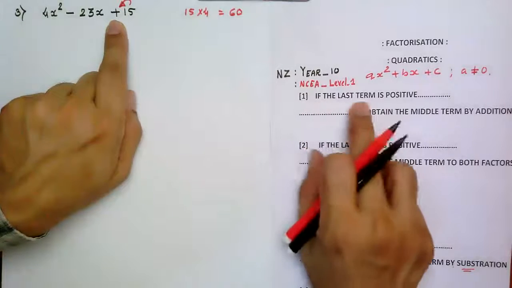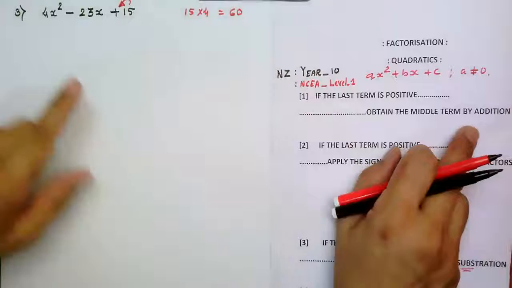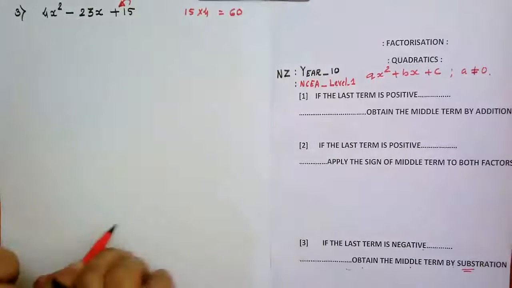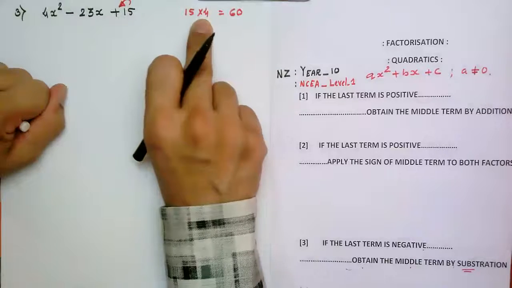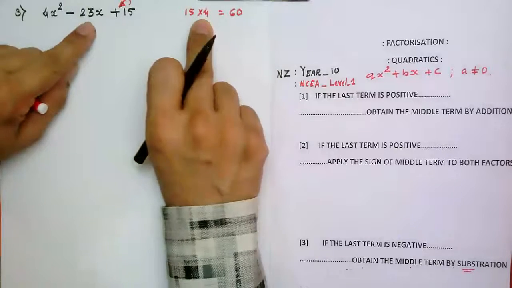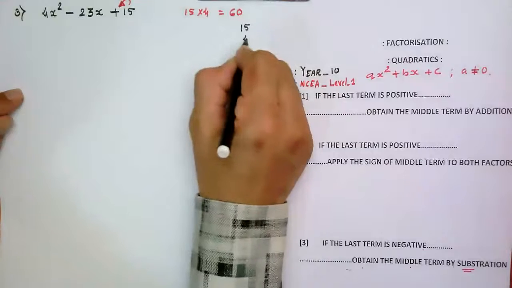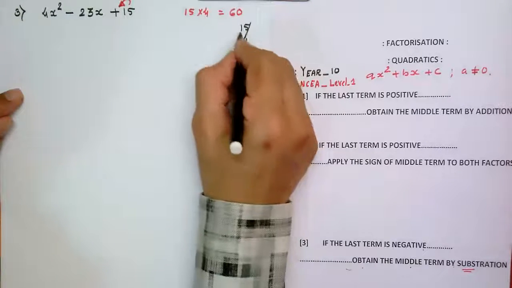If the last term is positive, obtain the middle term by addition. So I have to obtain this 23 by addition. How can I obtain this? 15 plus 4 is 19. It is not 23. So these are not the factors we need.